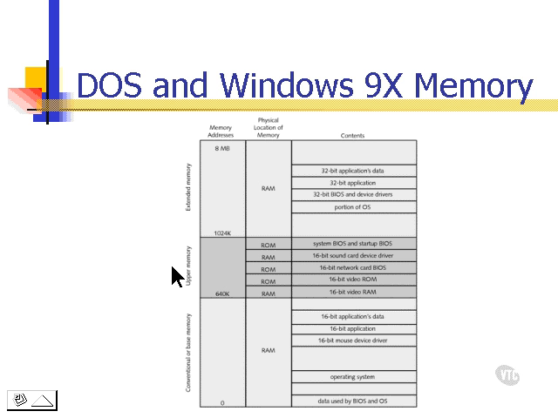Then the last 384K of the first 1 megabyte of memory was called upper memory. Upper memory was where we began to learn we needed to get device drivers loaded.